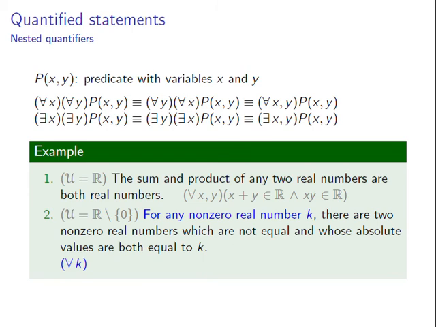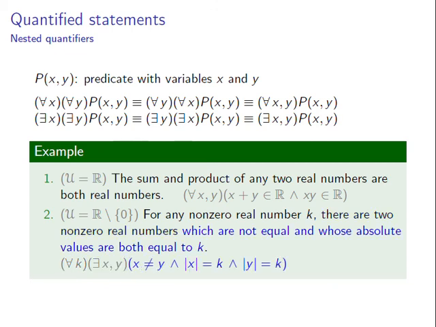In the phrase, there are two real numbers, we denote the unspecified real numbers using the variables x and y. This phrase involves the existential quantifier applied to each of x and y. We write this in symbols as there exists x, y.